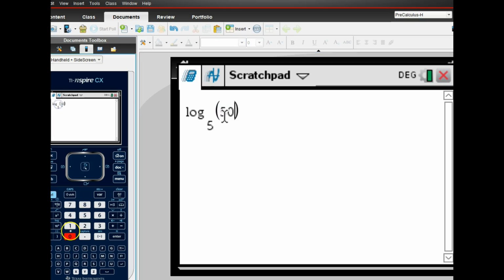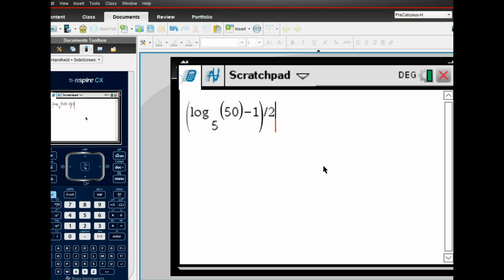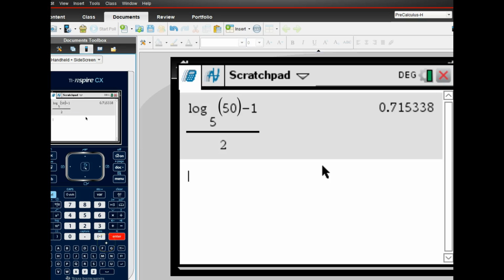So it's not 50 minus 1, it's log base 5 of 50, then minus 1. Then that whole thing has to be divided by 2. So notice I put parentheses in order to have it divided by 2. I had to divide the whole thing by 2. So now this looks like what was on my paper. So when you plug in to evaluate, make sure it matches what's on your paper.